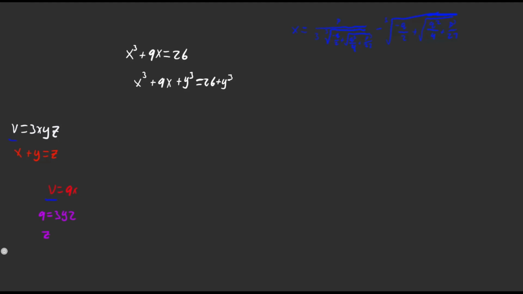We could just isolate z, where we will get 3 over y. So with that, we can see that we just have to convert the left side to z cubed is equal to 26 plus y cubed, where we're going to replace z with 3 over y.